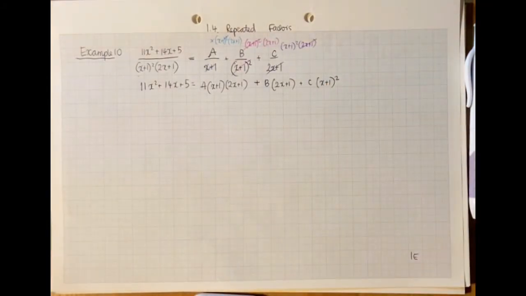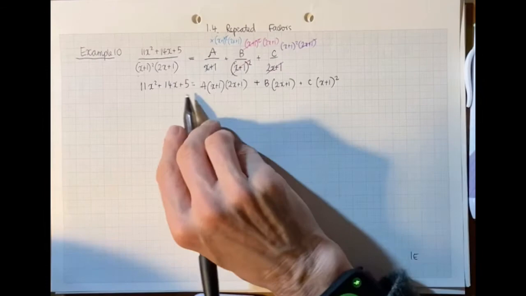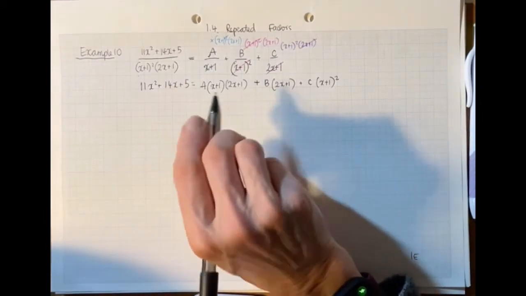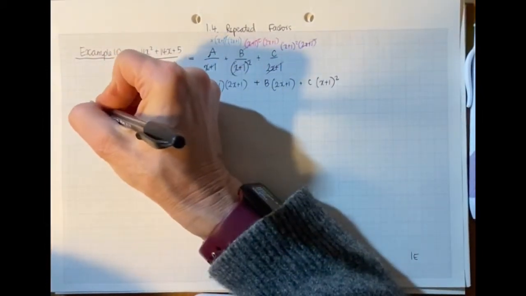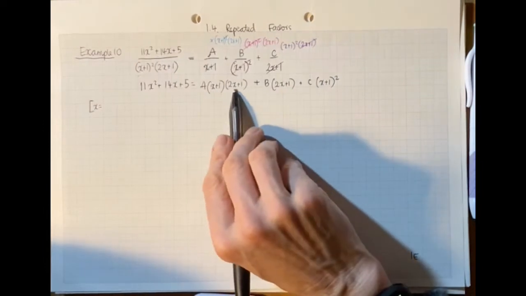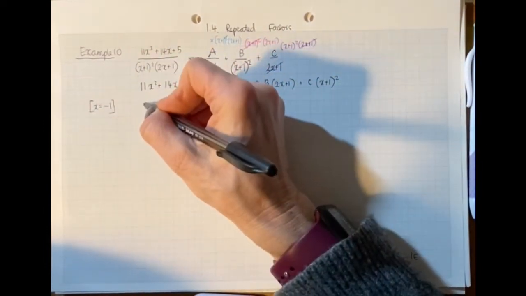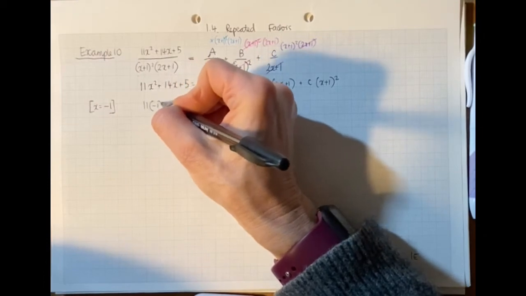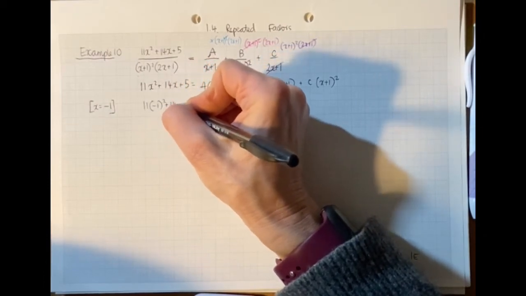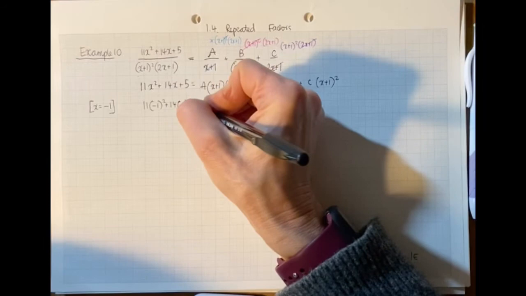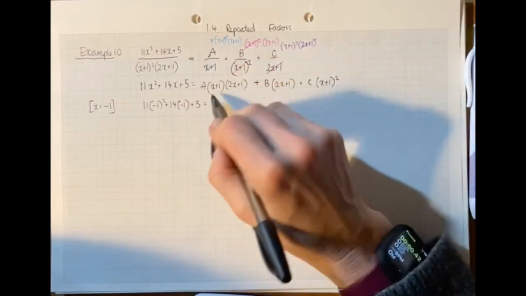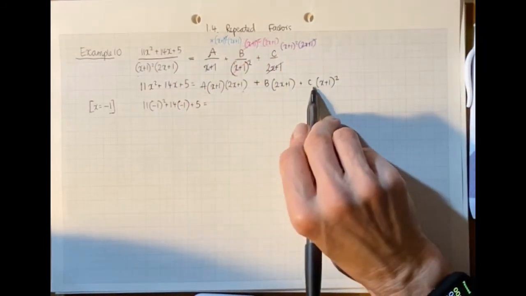So let's have a look at finding the values of a, b and c. First of all, make x equal to minus 1. That will give me 11 times minus 1 squared plus 14 times minus 1 plus 5. This will go to 0 and the c will go to 0.